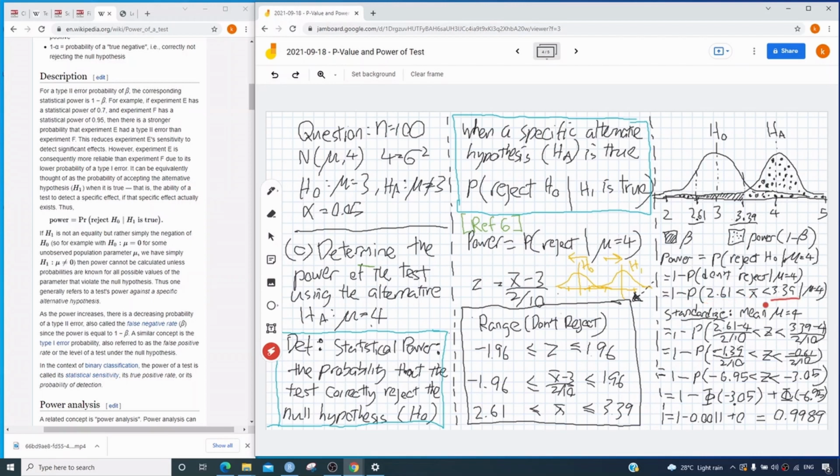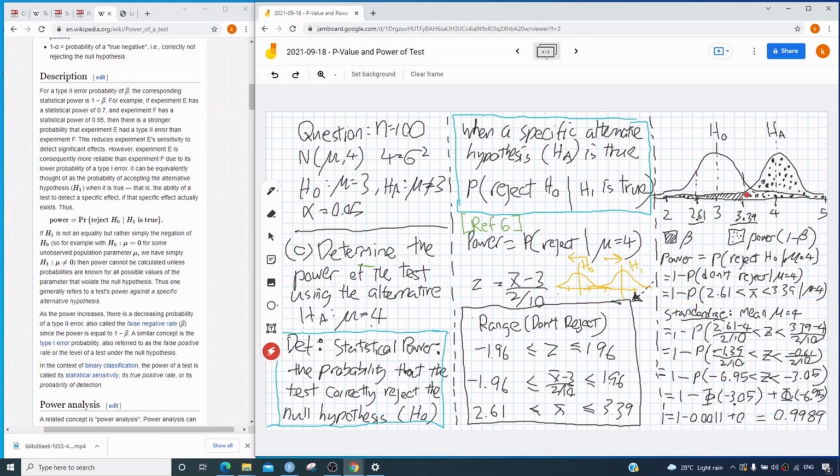The formula is 1 minus P(2.61 to 3.39), given that mu equals 4. This is the power.